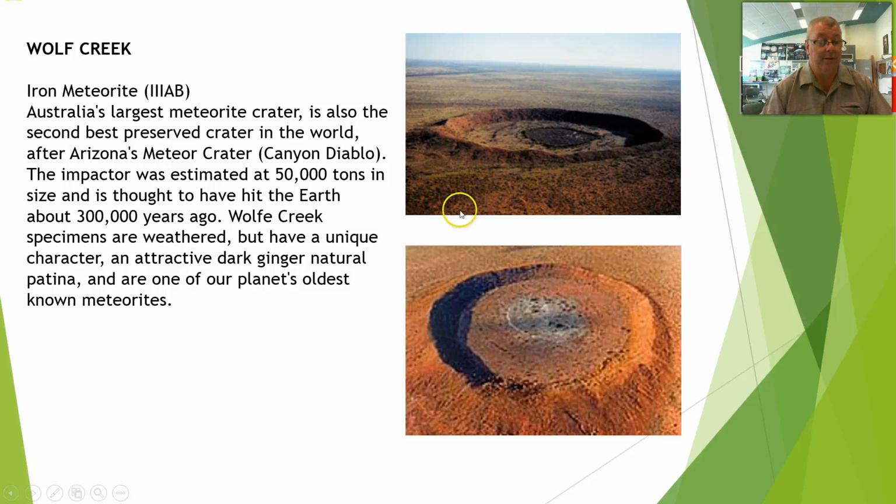And it's quite impressive. The impact that caused this is a couple of kilometres across. The impact that caused this was 50,000 tonnes. And it's well preserved because in West Australia the geology there hasn't been much happening in the tectonic world, so it's been preserved for quite some time, over 300,000 years.